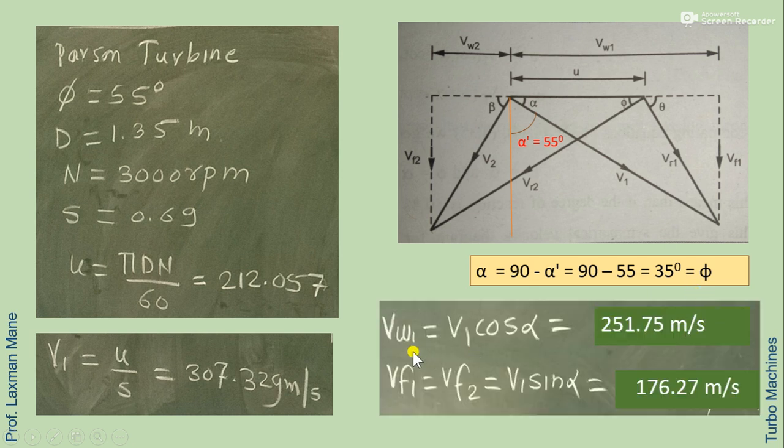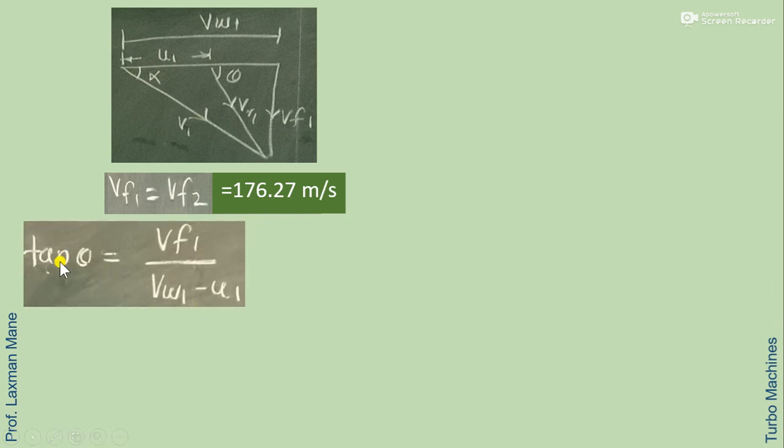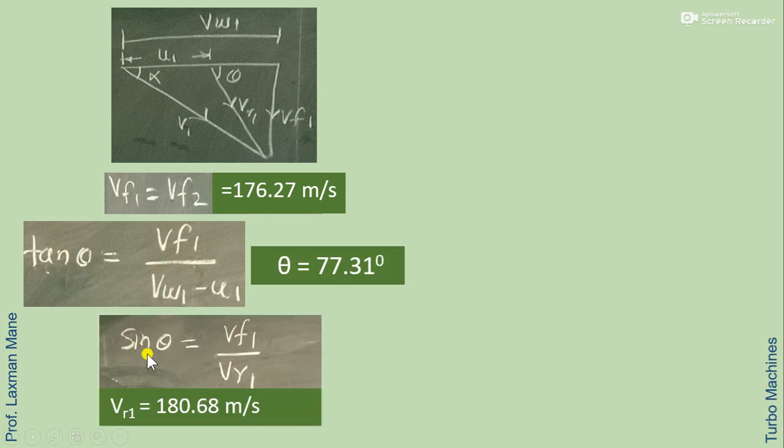So now by using trigonometric relation, finding VW1, VF1. After that, using tan theta ratio, you can find the value of theta. Then using sin theta ratio, you can find the value of relative velocity at inlet.